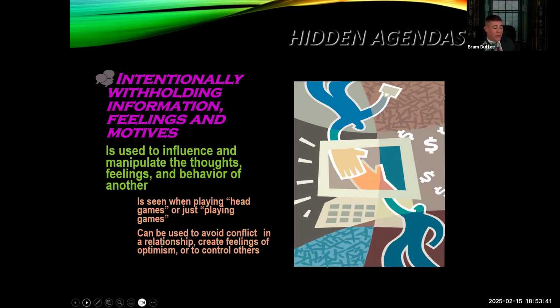And when you're in that form of control, that creates a dynamic where one person holds back and the other person is left in the dark. So you might hear this described as playing games or head games, right? So, for example, if someone that you work with seems like they're overly agreeable when some kind of new process is introduced or started, then you find out later they're the person that raises all the objections in private.